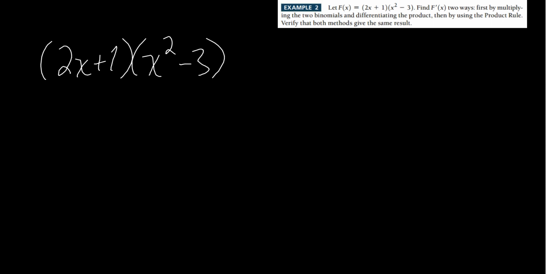Okay, so again, we just FOIL, right? We know how to FOIL. So we end up with 2x cubed minus 6x plus x squared minus 3.